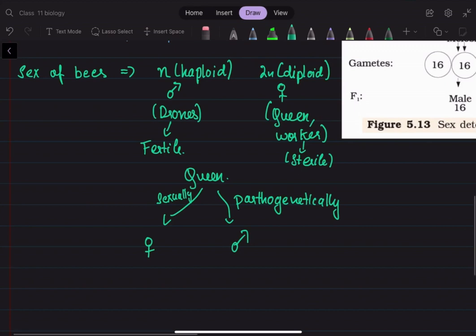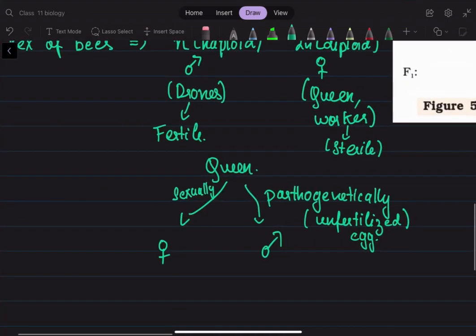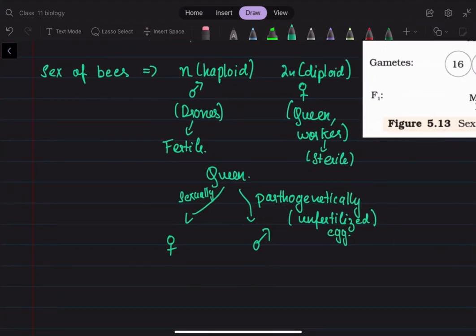This parthenogenesis that we're talking about is from an unfertilized egg. So the process of forming an offspring from an unfertilized egg is basically parthenogenesis, whereas sexually it produces a female. So you have an N gamete here and the other N gamete from a drone, so you get 2N over here. Whereas here you just have one unfertilized egg N, which will give rise to N itself, right?